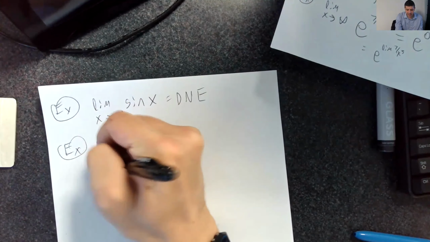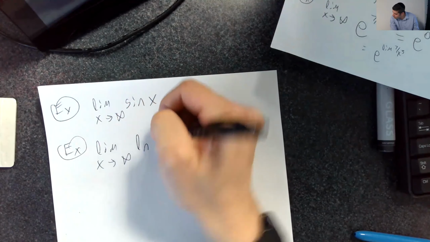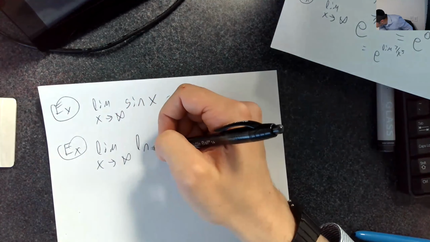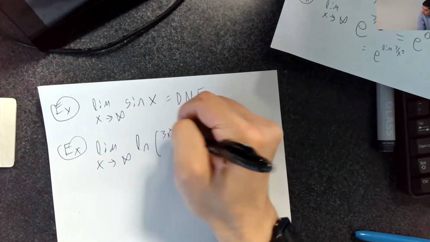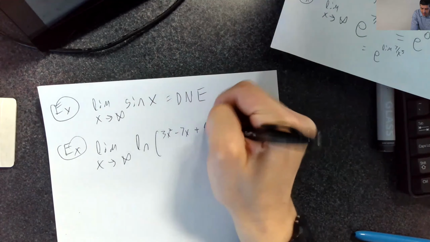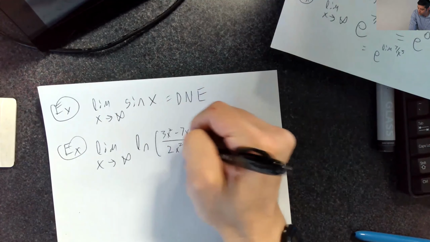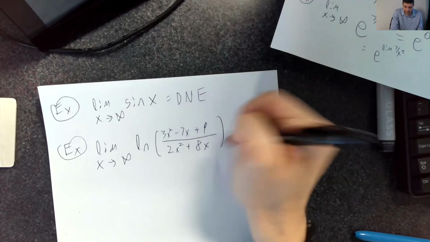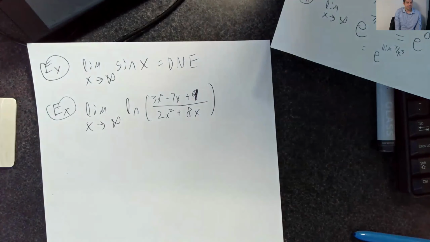Similar limit as x goes to infinity of ln of 3x squared minus 7x plus 9 divided by 2x squared plus 8x. Okay.